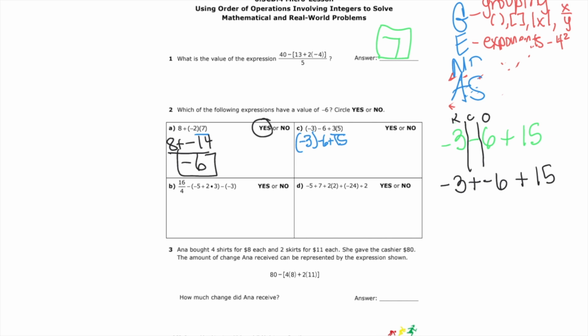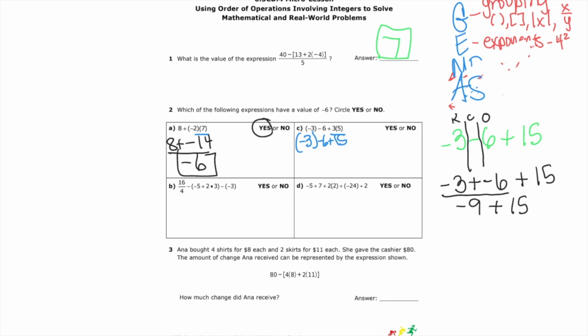It just makes it easier when you change it all to addition. So I have a -3 plus a -6 because you're going from left to right. You have a negative plus a negative, and if you did snakes and humans, that's like snakes plus more snakes. So -3 plus -6 is -9 plus 15.